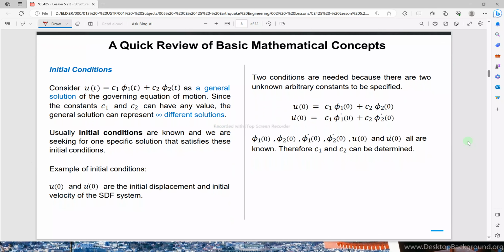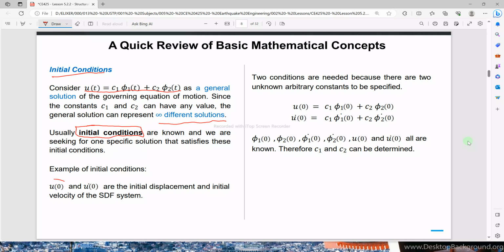For the constants in our superposition, we need to consider the initial conditions. That is the concept. If we have u of t as the sum of two solutions as a general solution, since the constants C1 and C2 can have any value, the general solution can represent infinitely many different solutions. So we need initial conditions: for two unknowns, we need two equations or two initial conditions.